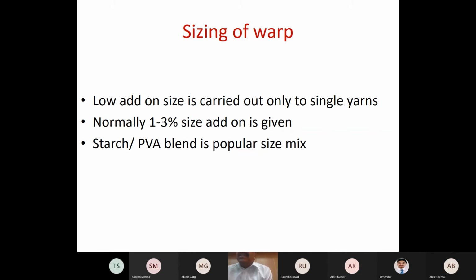In normal sizing of warp yarn in conventional weaving, we go for a higher add-on, 8 to 12% size add-on, so that the abrasion resistance of the warp yarn increases substantially. And also in conventional weaving, the warp yarn remains under very high tension. There is a probability of breakage because of tension and abrasion.